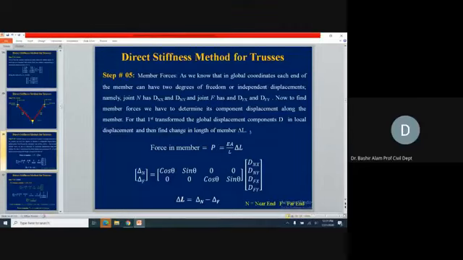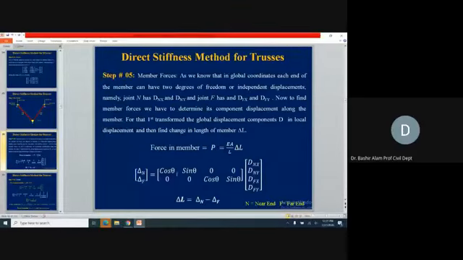Then we have delta L equal to PL over AE, so the force in the member will be P equal to EA over L times delta L. Delta L we find from this operation. In local axis, the displacement at the near end is delta N and at the far end is delta F, along the longitudinal axis of the member.